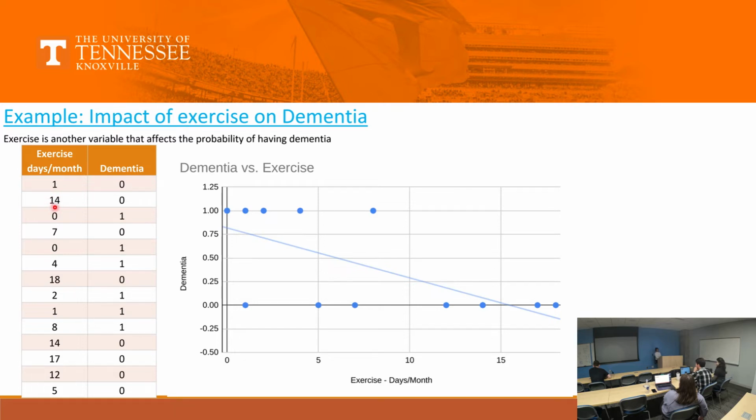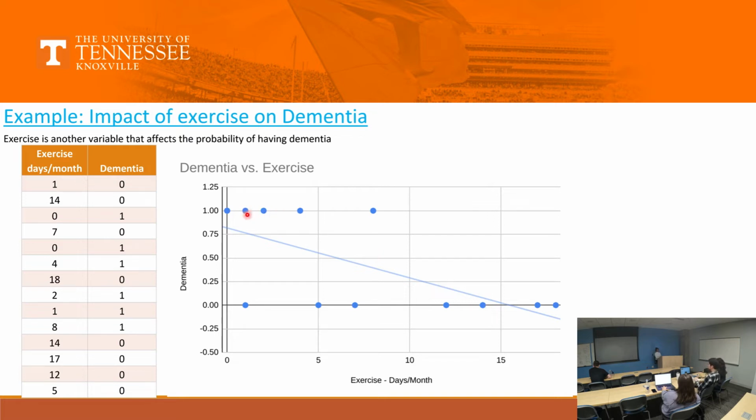People who do 14 days, that means half the days per month they exercise, they have no dementia. Some people doing 17 days have no dementia, whereas some people who do 8 days have dementia. So there is another factor on which dementia depends, which is exercise. So you have given this data, we plotted this data.